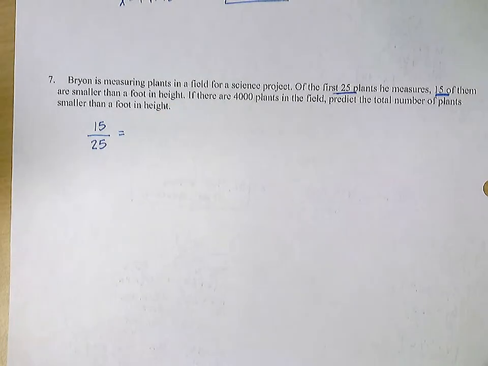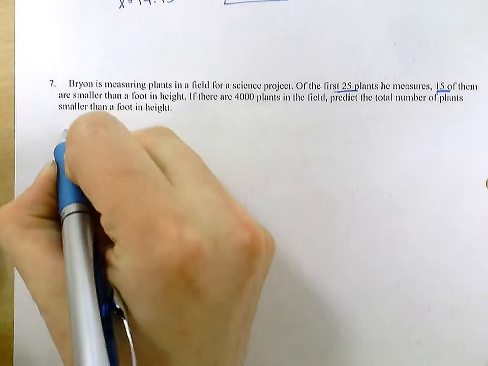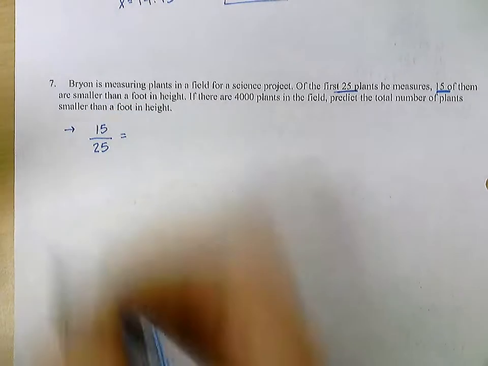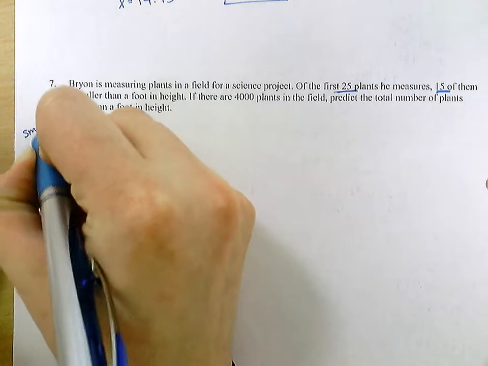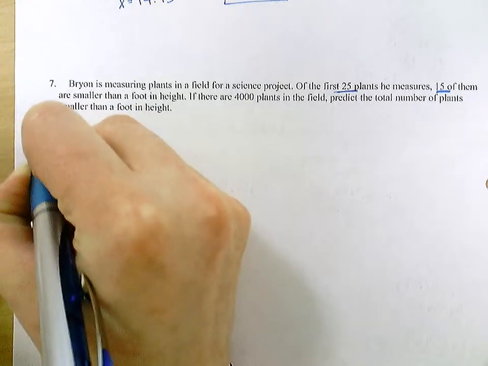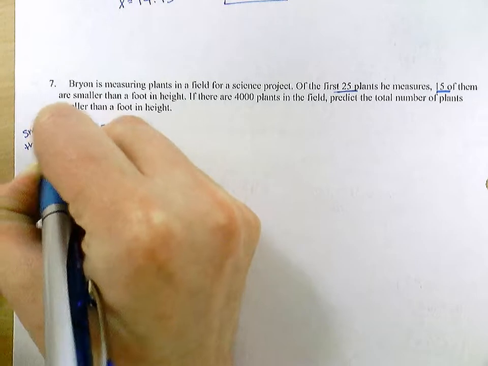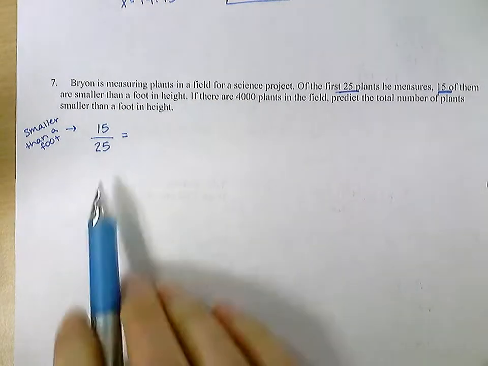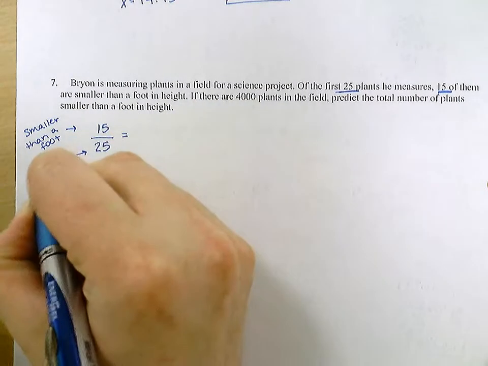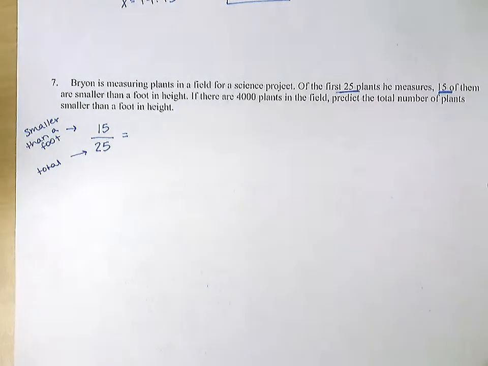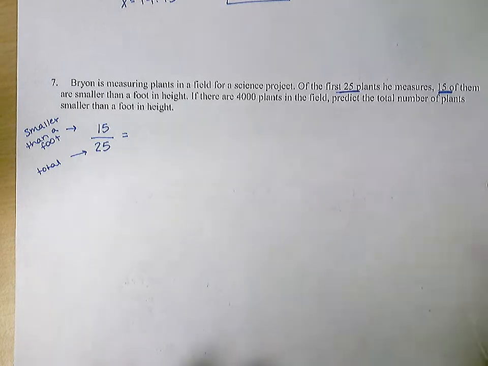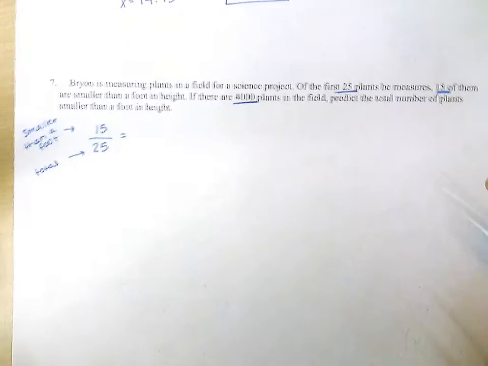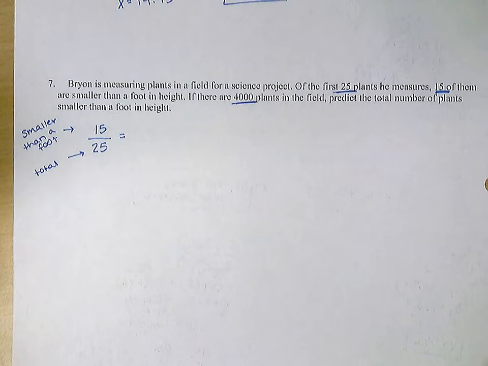Okay, so here's my first ratio. Now again, this 15 is your smaller than a foot plants, and the 25 was the total. So I need to set up a ratio similar to that one. It says there's a total of 4,000 plants in the field. Is that going to go in the numerator or the denominator?